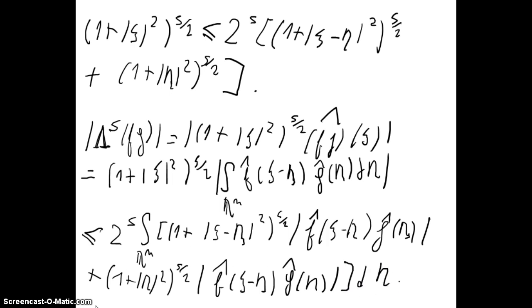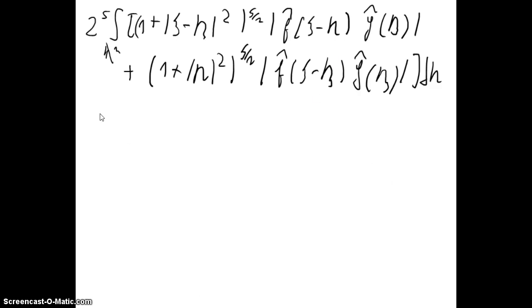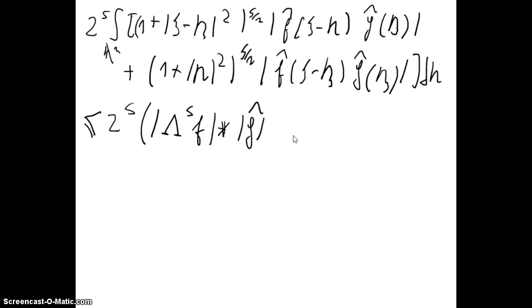Okay, so we have this bound, and this can be bounded again because now we will have, let's say, 2^s multiplied by lambda^s of f, and now you can see here we have psi minus eta and psi minus eta, and we have the definition of lambda^s of f in this case, convolution g transform, and plus, and now we have the other way because now we have the definition of lambda^s for g.